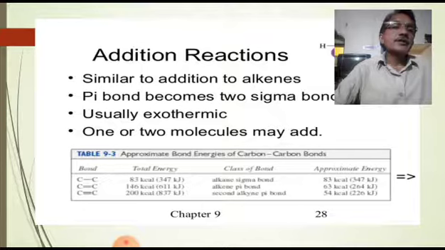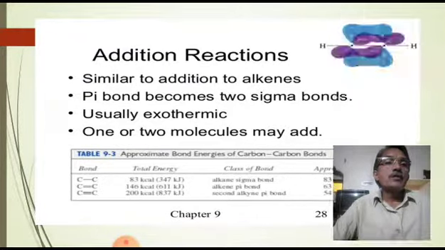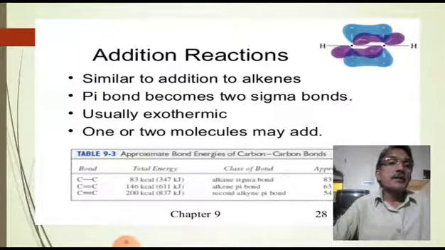Addition reactions. Addition reactions occur in alkynes. Why? Because alkynes are unsaturated hydrocarbons. These addition reactions are similar to those which occur in alkenes. A pi bond becomes two sigma bonds.